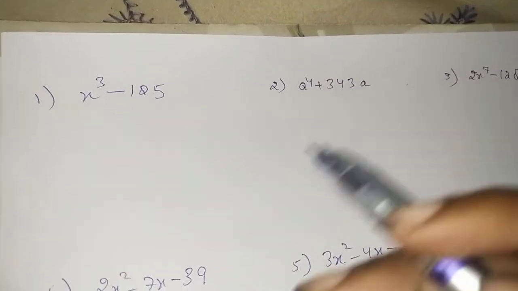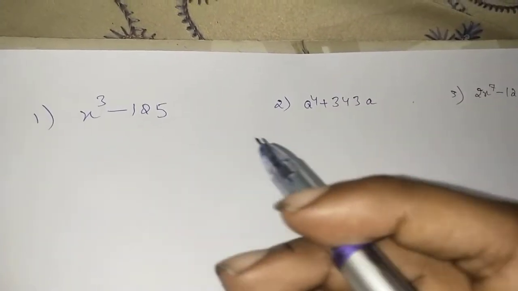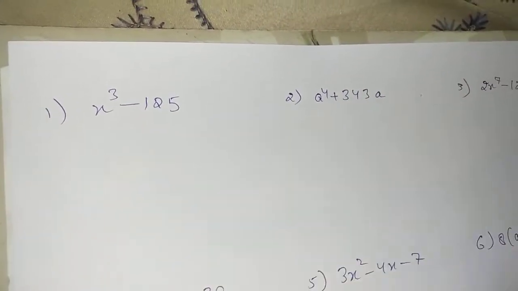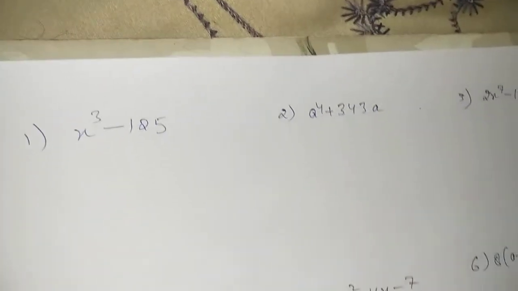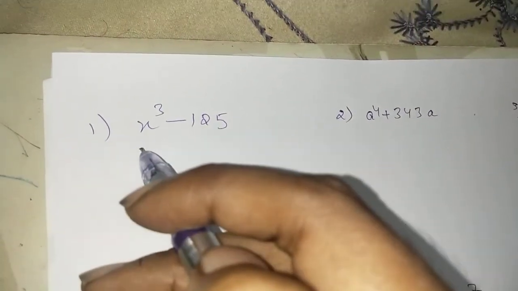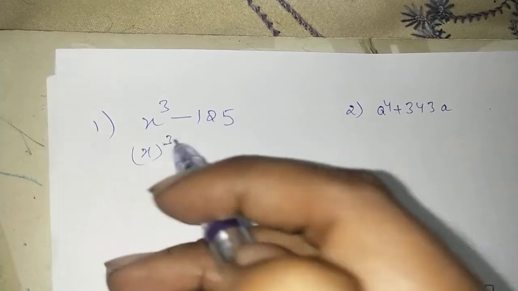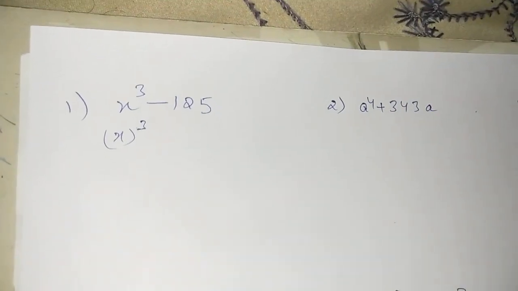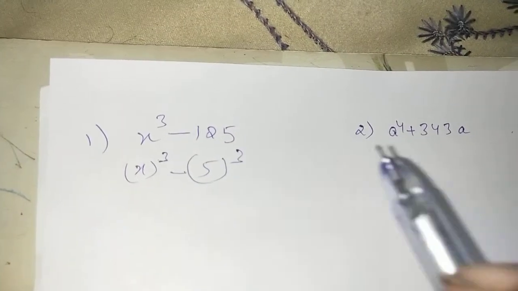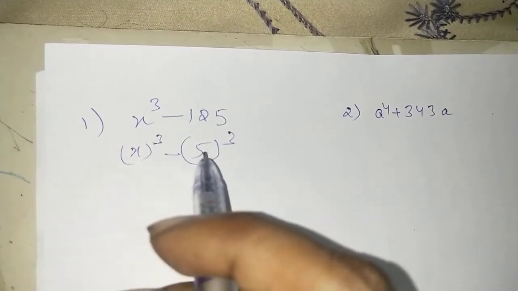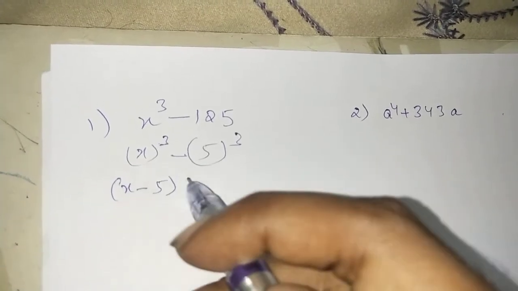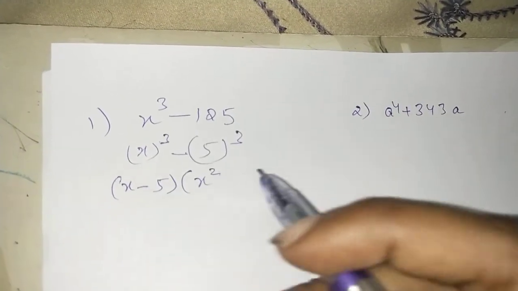Okay children, now we have a few more questions to deal with before we end this chapter. Now we are having x cube minus 125. The very first thing, is there anything common? No, nothing in common. So can we write down x cube as cube of x, and 125 as cube of 5. So now whenever we are having a cube minus b cube, it will be a minus b bracket a square.